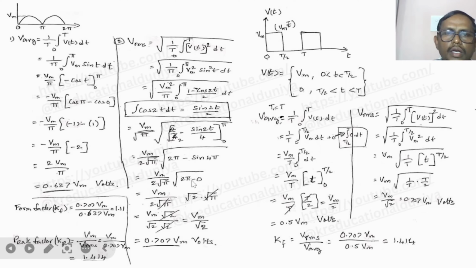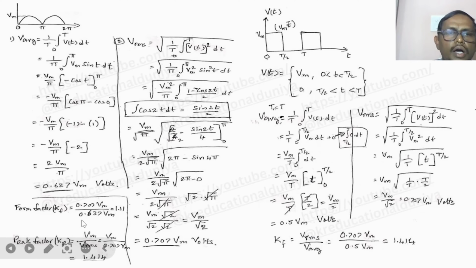Here under root 2 under root pi, so pi under root pi will get cancelled, and Vm by 2 into under root 2, we can write 2 as root 2 into root 2, because root 2 into root 2 is 2 only. So root 2 will get cancelled, and we get Vm by root 2, that is 1 by root 2, which is nothing but 0.707 Vm. So this is the value for RMS.